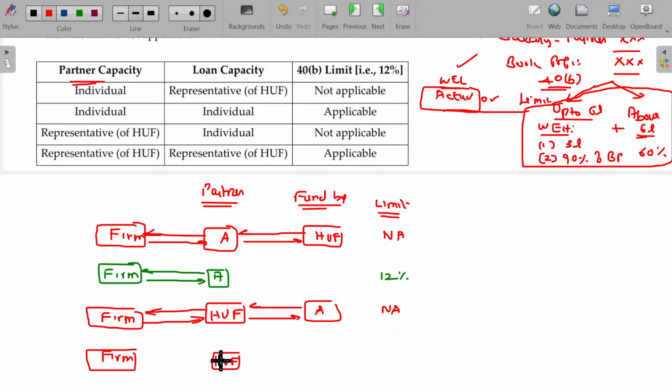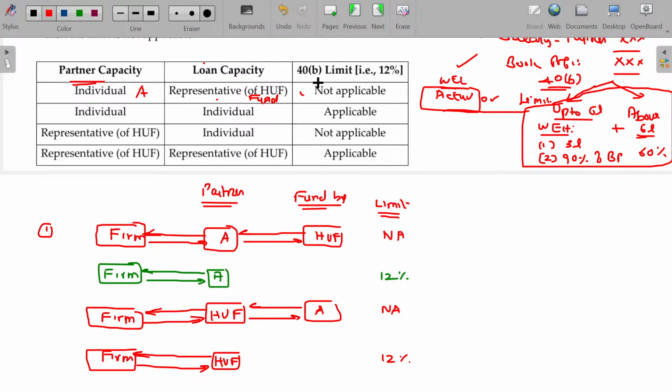Hindu undivided family has deposits and from the deposits the loan is given, interest is paid. Okay, then what happens here? Limit 12% will be applicable. So partner capacity individual, probably first scenario. Loan capacity, he gets a loan from HUF, funded by HUF.